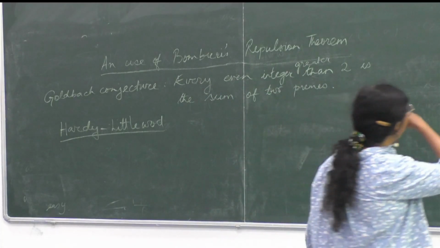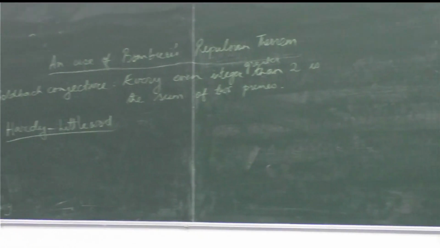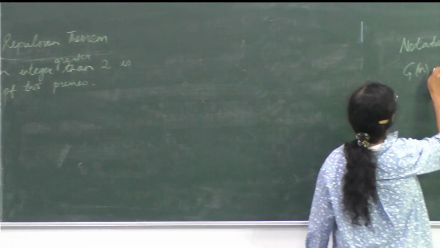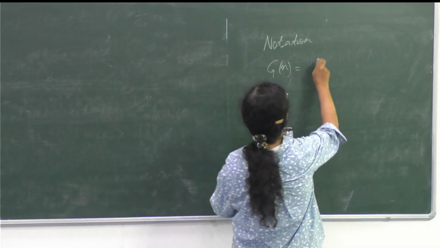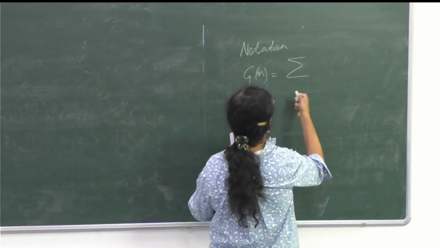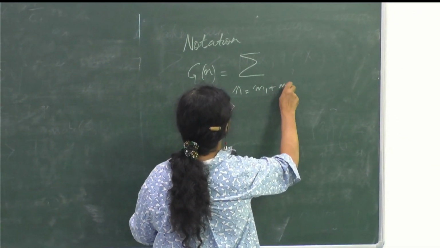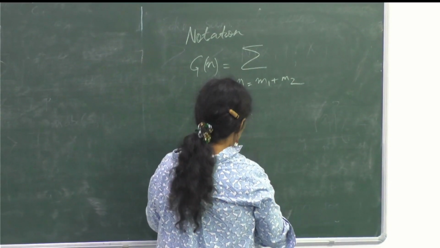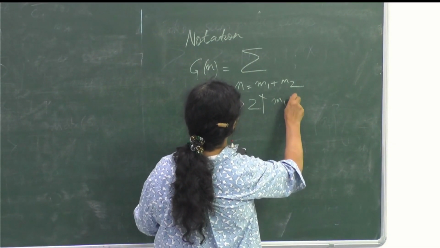G for Goldbach, G of n is the number of ways of writing n as the sum of two primes, and 2 does not divide m1, m2.